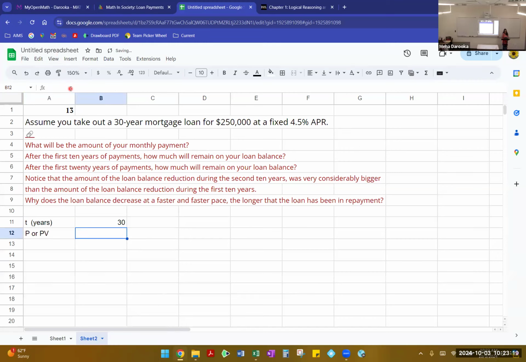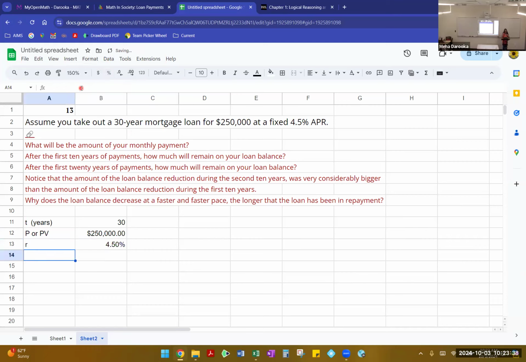And this is the $250,000. Let's make sure we have enough zeros in there. Change that to a dollar amount. Your fixed APR is 4.5%. Again, we'll need to make sure that's 4.5.